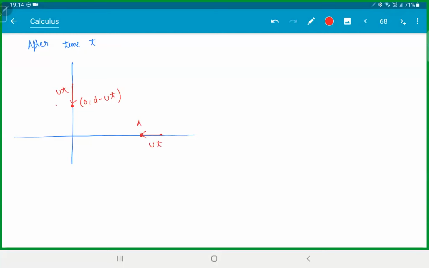So the coordinates of A will be 2d minus ut, 0. So the distance AB will be this line. So AB square will be (2d minus ut) whole square plus (d minus ut) whole square. This is the distance between A and B as a function of time. Make sense?